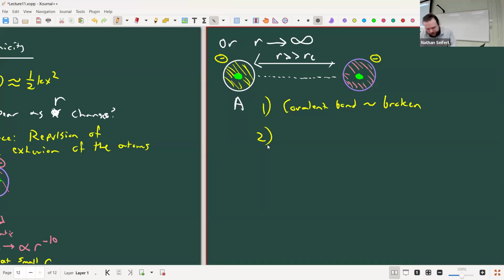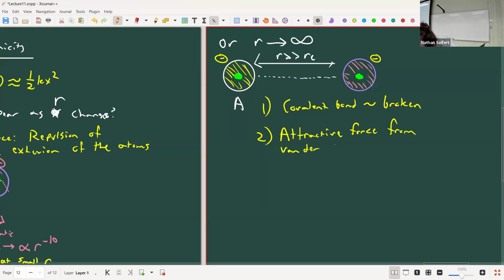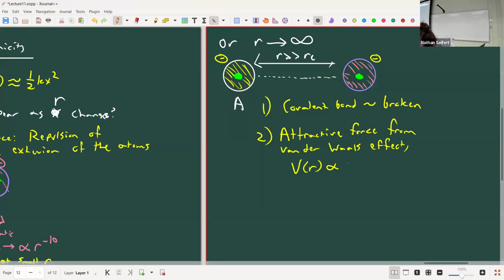So this is an attractive force from the van der Waals effect, and this goes as R to the minus 6.